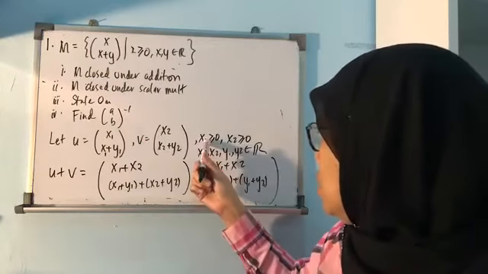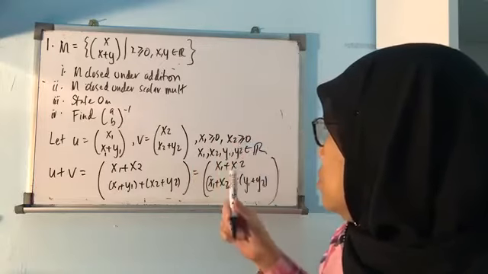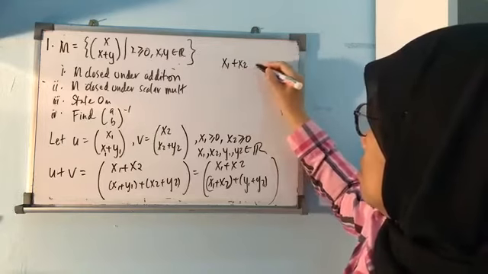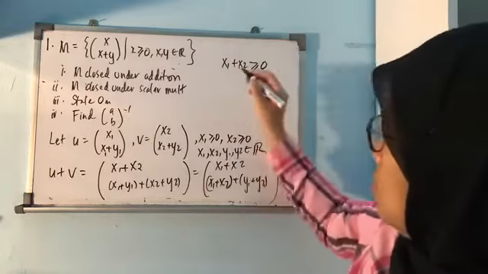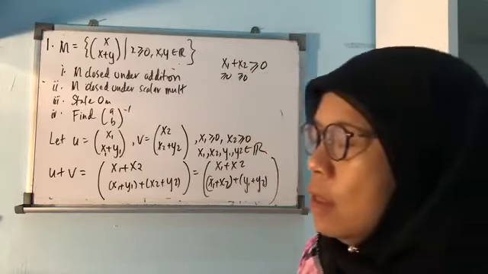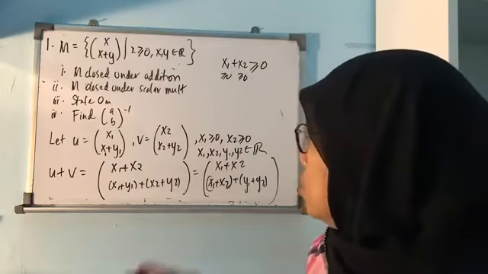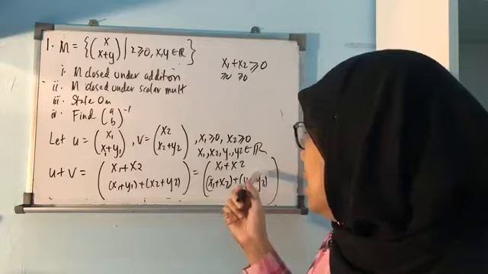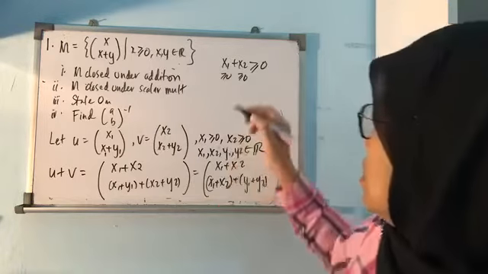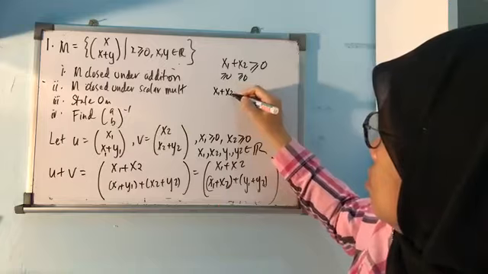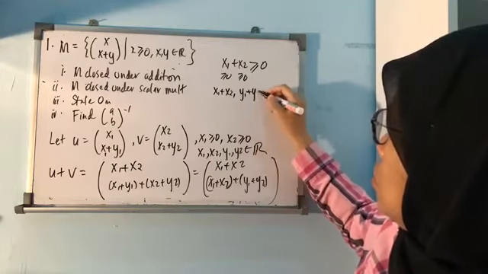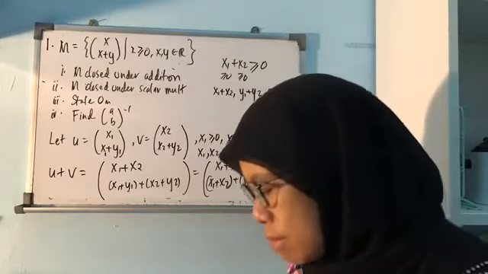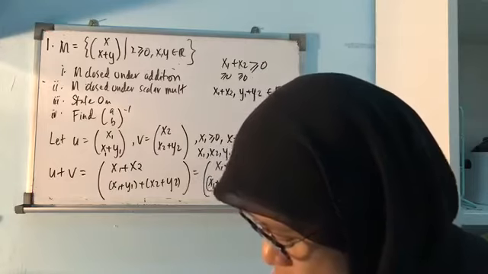So since x1 is bigger or equal to 0, x2 is bigger or equal to 0, x1 plus x2 is also bigger or equal to 0. And also they're all reals. Real number plus real number is also a real number. So x1 plus x2, y1 plus y2 is also in it. This has a mark because that is the condition. Sometimes it's not true, so you have to check.